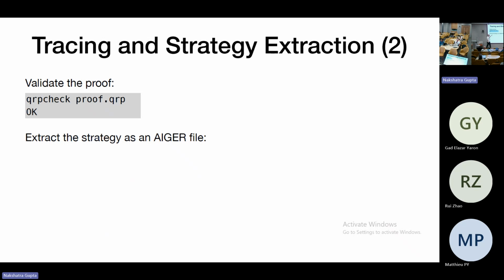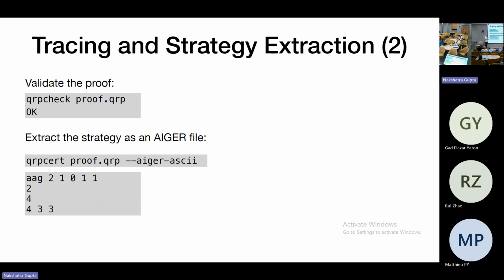And then you can extract the strategy as an AIGER file, as a circuit that represents the winning strategy for the universal player, using a different tool called QRPcert, which is also linked. And then you get this AIGER file, which defines a circuit. The winning strategy is a circuit.